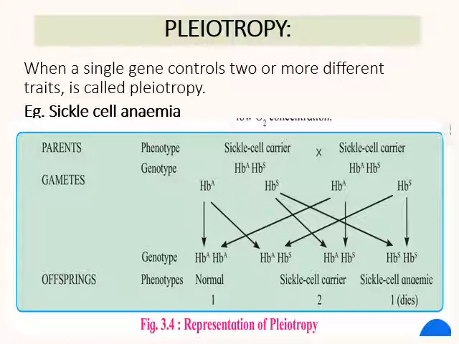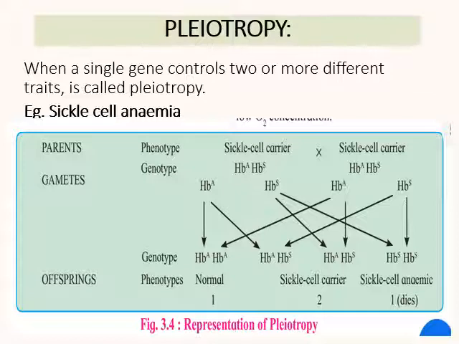As it is heterozygous, gametes obtained are of two types, HbA and HbS. Sperms containing HbA allele and sperms containing HbS allele. While if the parent is female, an egg containing HbA and another egg containing HbS.